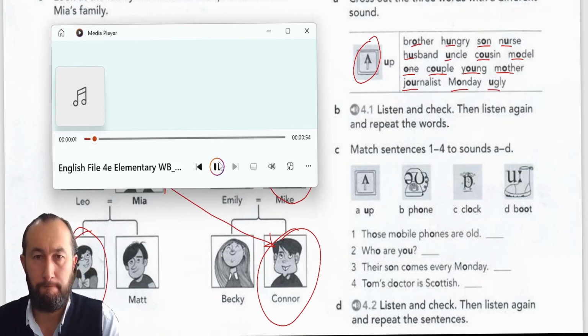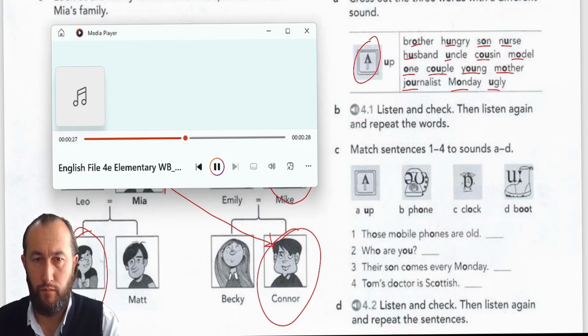4A Pronunciation B. Up. Brother. Hungry. Son. Nurse. Husband.